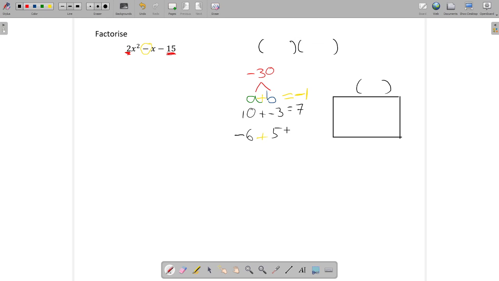So you add those: minus 6 plus 5, that is minus 1. That's the minus 1 we're looking for. There's the minus 1. We got it from here.